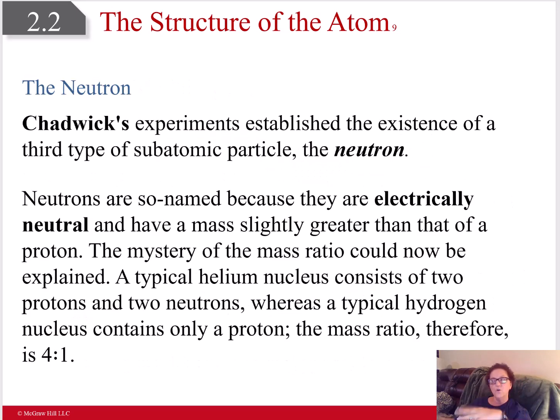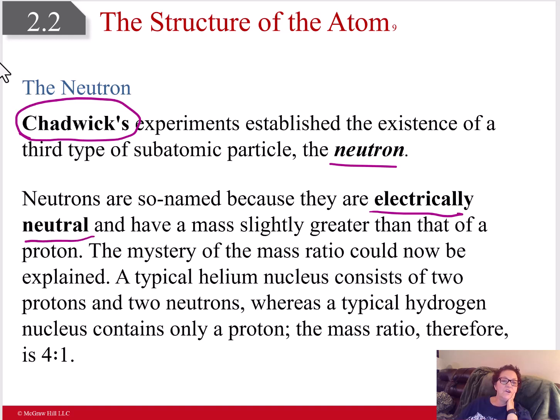Chadwick, though, and again, everybody's building on everybody else's research, which is how it should be in science, established the existence of the third type of subatomic particle called the neutron. The neutrons are electrically neutral, but they have a mass that's pretty close to a proton, okay?